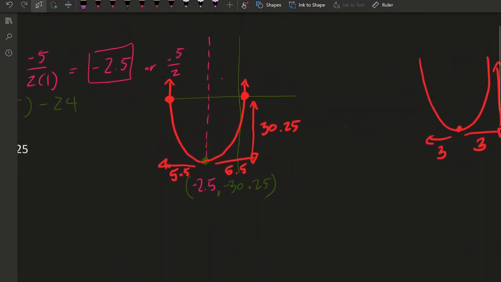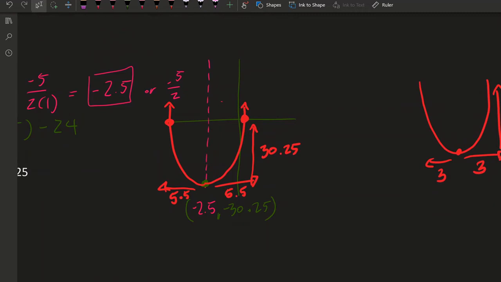So starting at negative 2.5, right here, if I go right 5.5, I'm going to take negative 2.5 and add 5.5. And that means I'm going to land at 3.